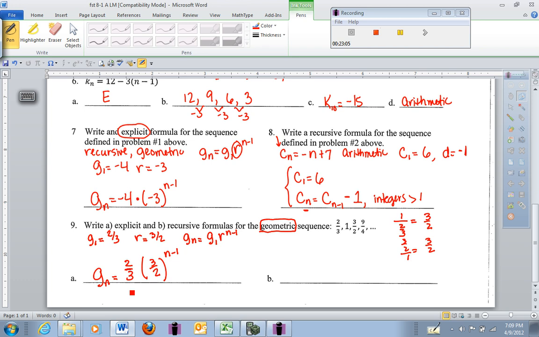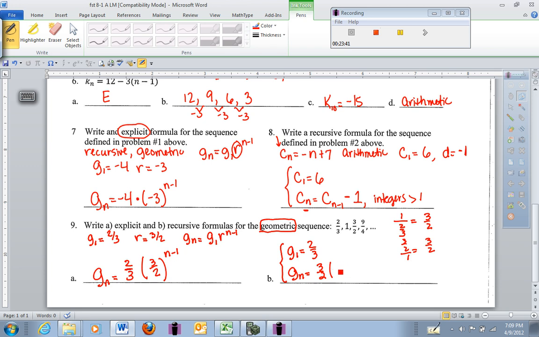Okay, the other chore we have to do is find the recursive formula. We're going to start with a set bracket on the left. We need to know that first term again. G sub 1 is 2/3. And then you want to do every term thereafter. So g sub n then would be equal to r, which is 3/2, times the previous term.